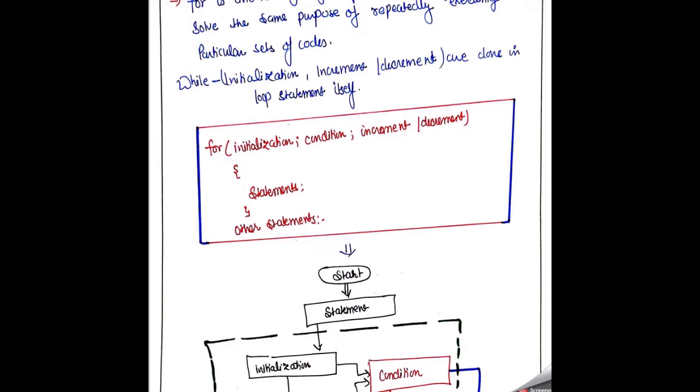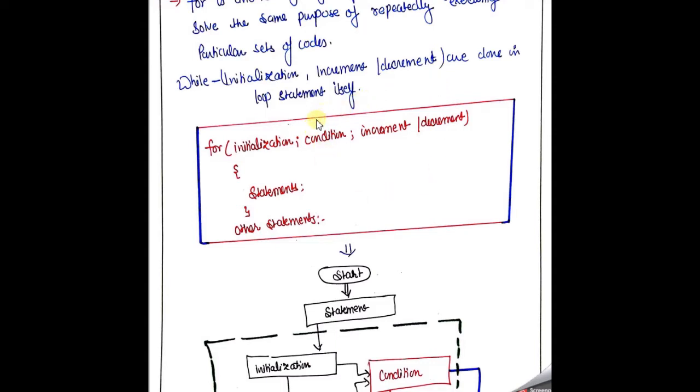Please listen again. Step 1 is initialize the loop. Step 2, check the condition; if the condition is true, go inside the loop. Step 3, increment or decrement. Step 4, again check the condition. Step 5, go inside the loop, again increment or decrement, check the condition, and so on.